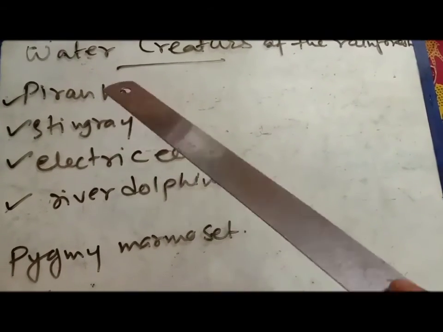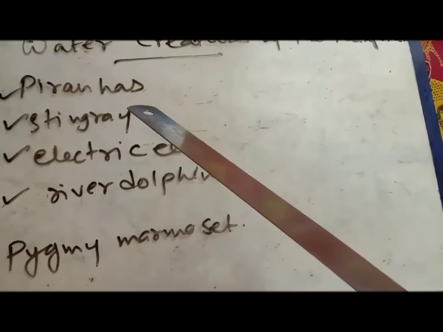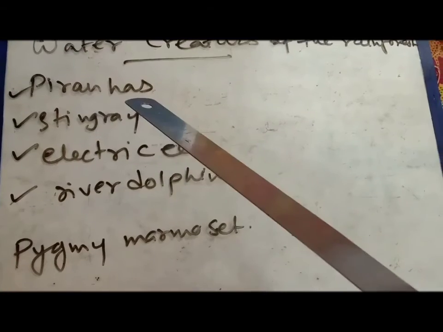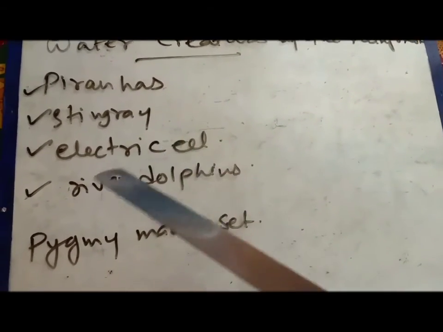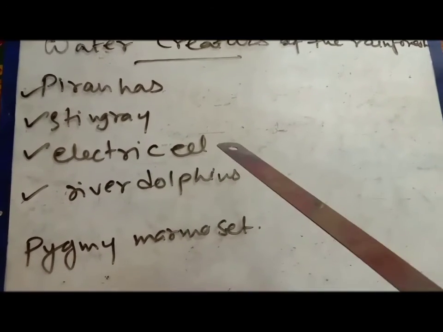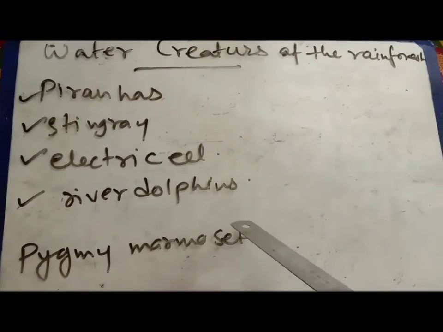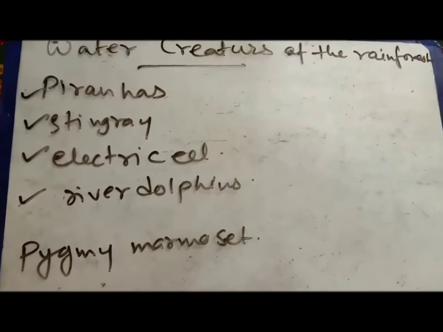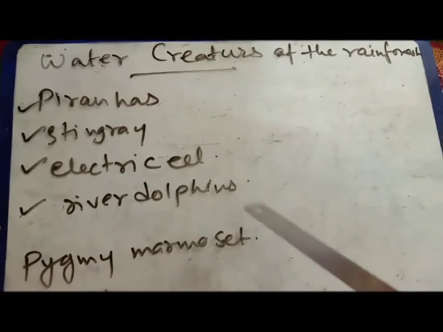Here I have written some names of the water creatures. Number one is piranhas. Piranhas are very famous fish, and we get them in the equatorial region. Then stingray, electric eel, river dolphins, different kinds of crocodiles and snakehead fish, and there are lots and lots of other water creatures also.